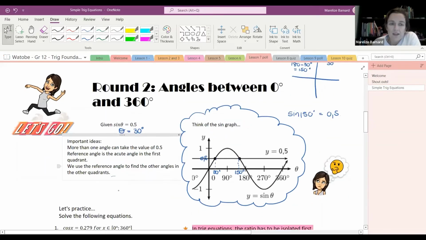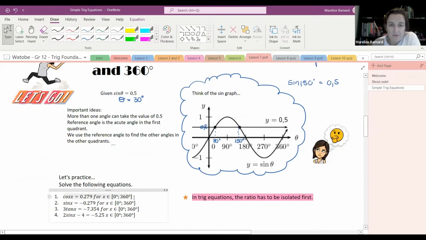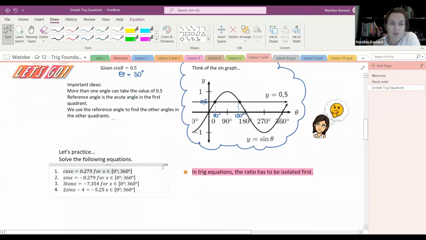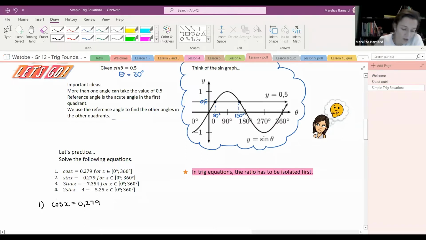So let's have a look at this first one. Cos of x is 0.279. And let's work together on this first one. So if cos of x is 0.279, let's get our calculator and then let's find the first angle that will give us 0.279. So we go shift cos 0.279.